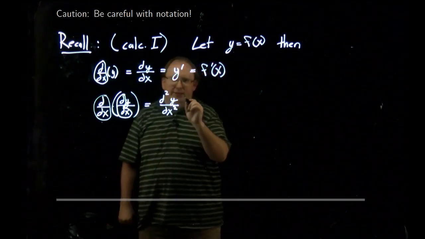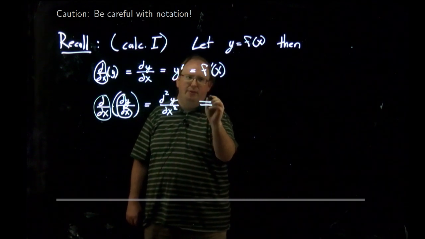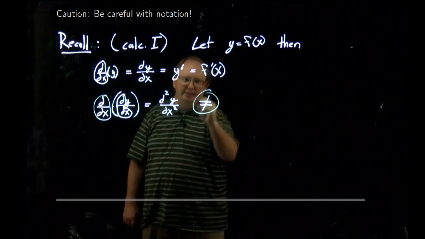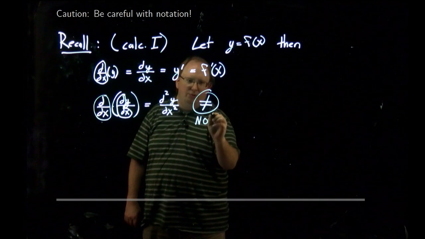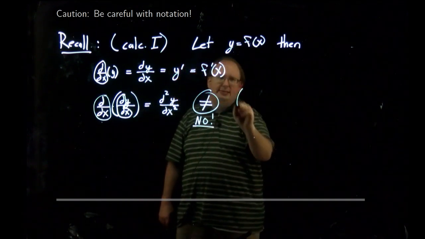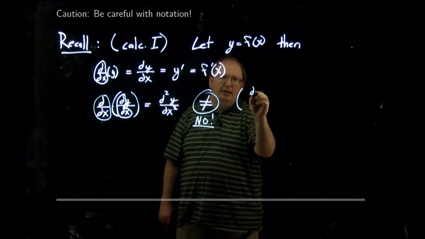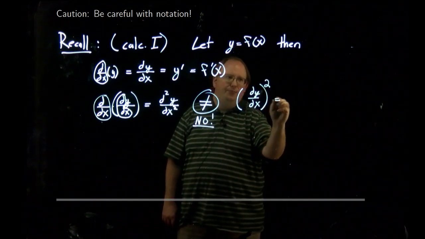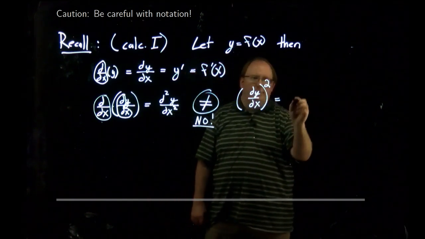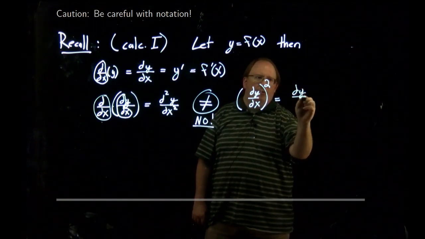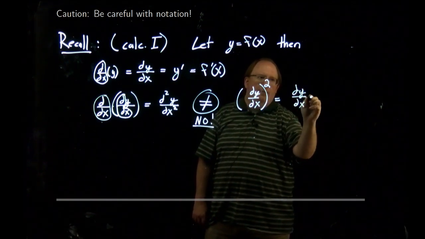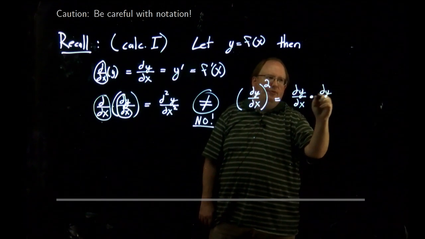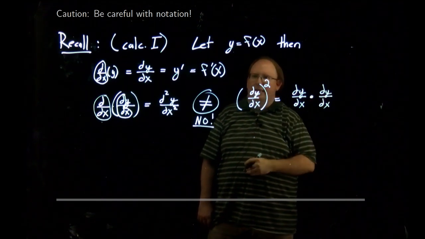Now, this is not the same, right? You don't want to write this, this is a big no. You do not want to write this as the same as dy over dx squared, because this is the same as saying take the derivative of y with respect to x and multiply that by taking the derivative of y with respect to x again.